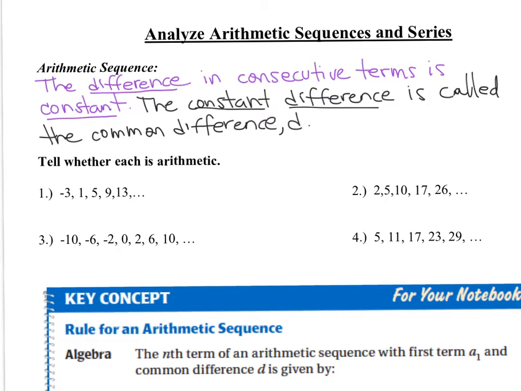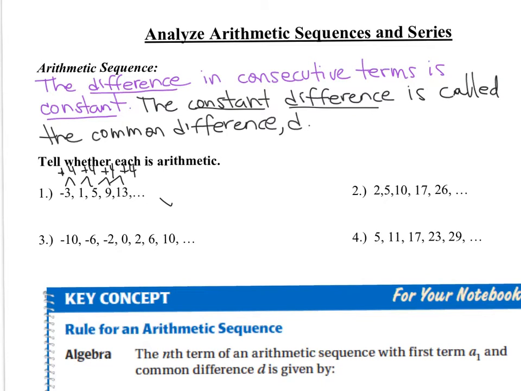So here in number 1, the first thing I want to do is figure out if I subtract these terms, negative 3 and 1, you end up getting just 4, or you're adding 4 to each one. So from negative 3 to 1, that's a difference of 4. 1 to 5 is 4. 5 to 9 is 4. 9 to 13 is 4.